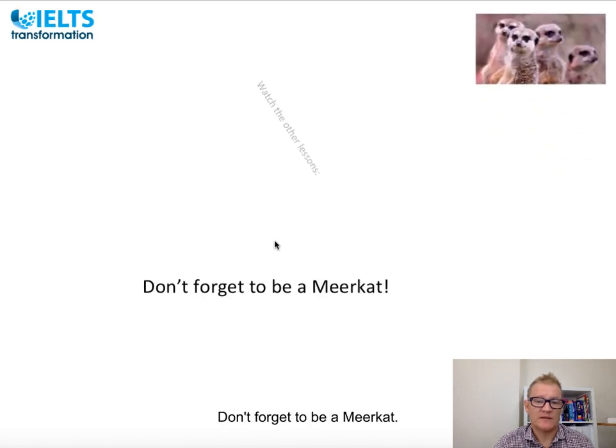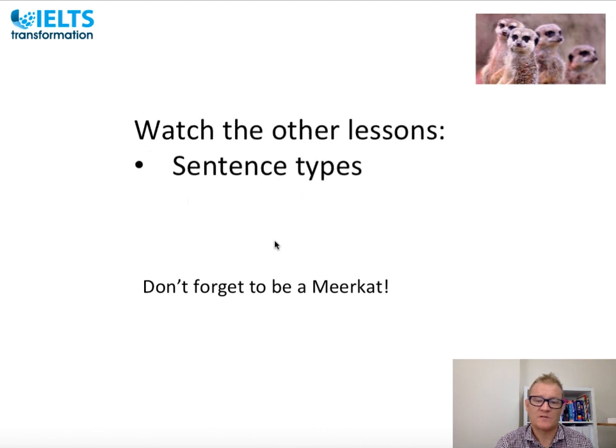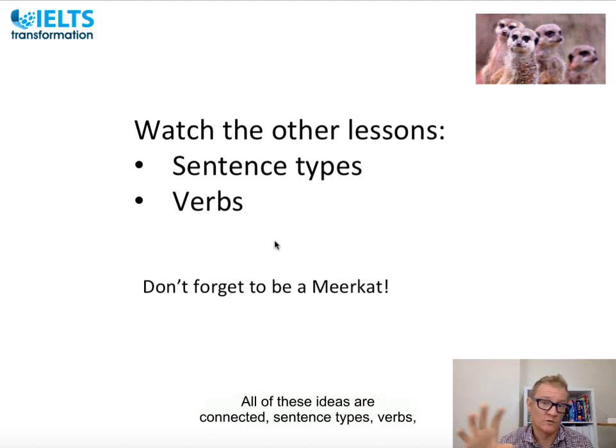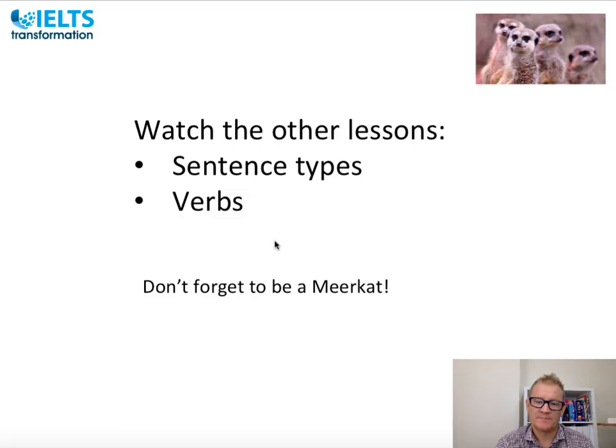Don't forget to be a meerkat. So watch the other lessons. Sentence types. All of these ideas are connected. Sentence types, verbs. So watch them and try to look at your own writing and see what kind of subjects you're using.